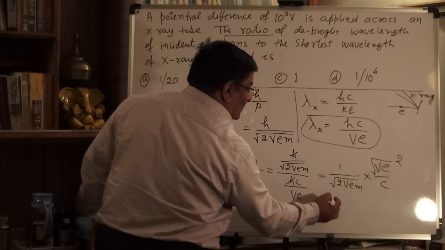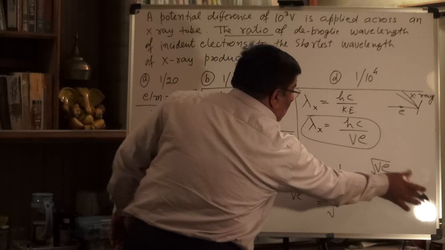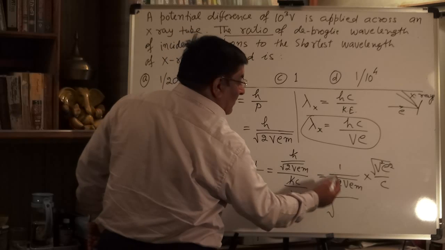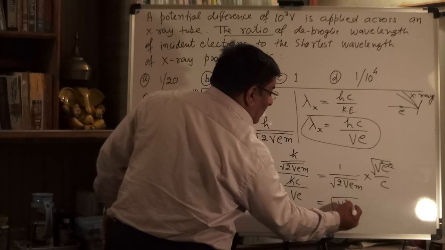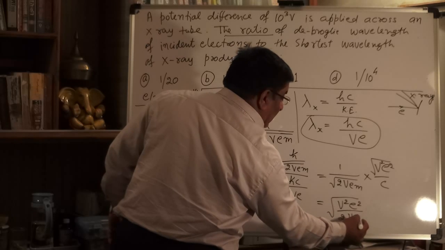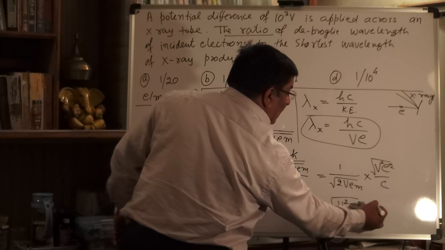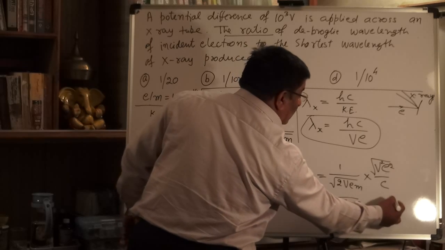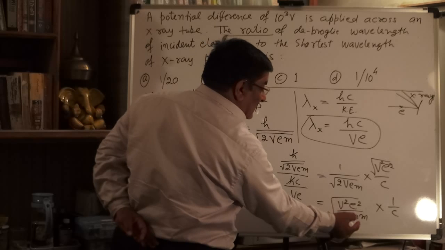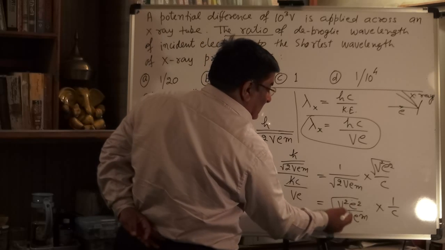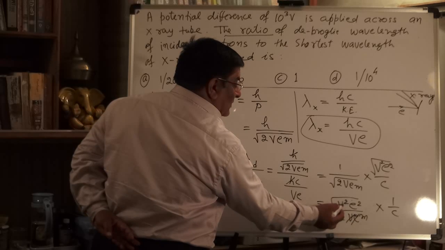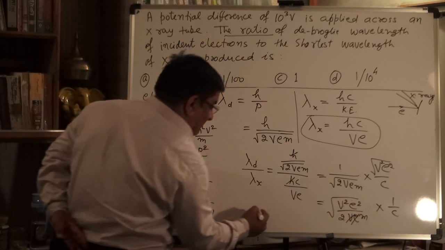This will become root of V square E square upon 2 VEM into 1 upon C. Here 1 E is cancelled, 1 V is cancelled, so VE, this 1 V and 1 V is cancelled.